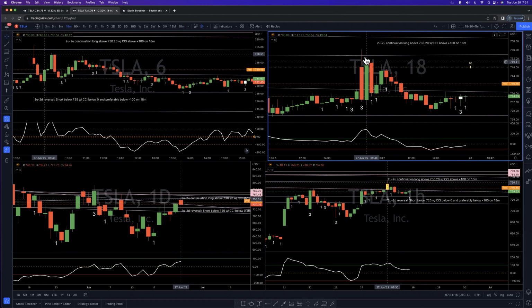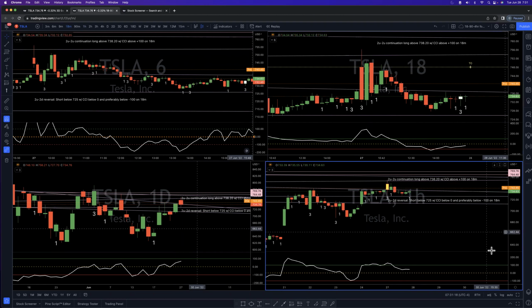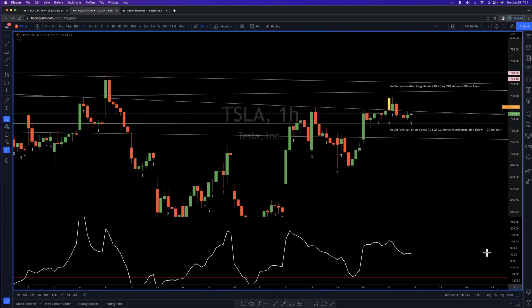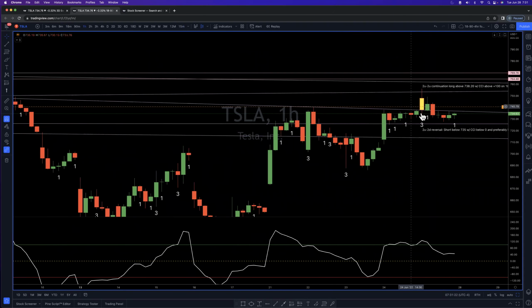So again, we drew our broadening formations. We knew if Tesla traded above this range, we wanted to go long, right? So we were long above 738.20, which was the high of the prior day, and this was going to be our first target.